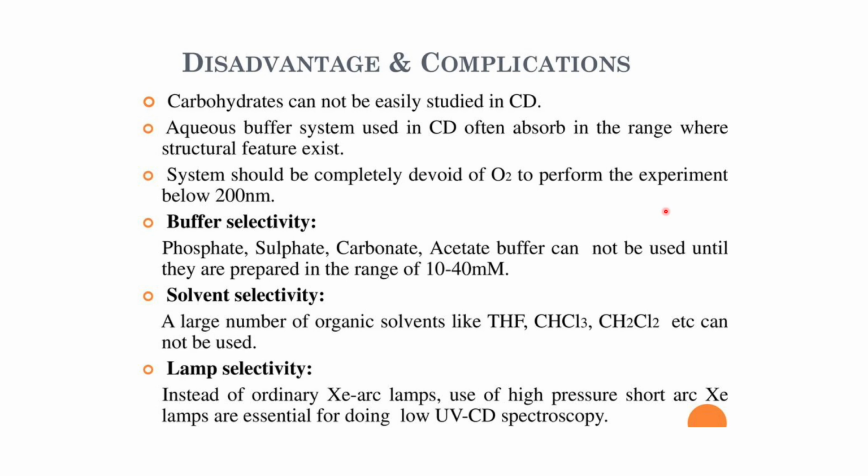So, carbohydrates cannot be easily studied in this method, and the aqueous buffer systems used in circular dichroism spectroscopy often absorb in the range where structural features exist, and the system should be completely devoid of oxygen to perform the experiment below 200 nanometer wavelength of light, and phosphate, sulfur, carbonate, and acetate buffers cannot be used unless they are prepared in the range of 10 to 40 millimolar, and a large number of organic solvents cannot be used.